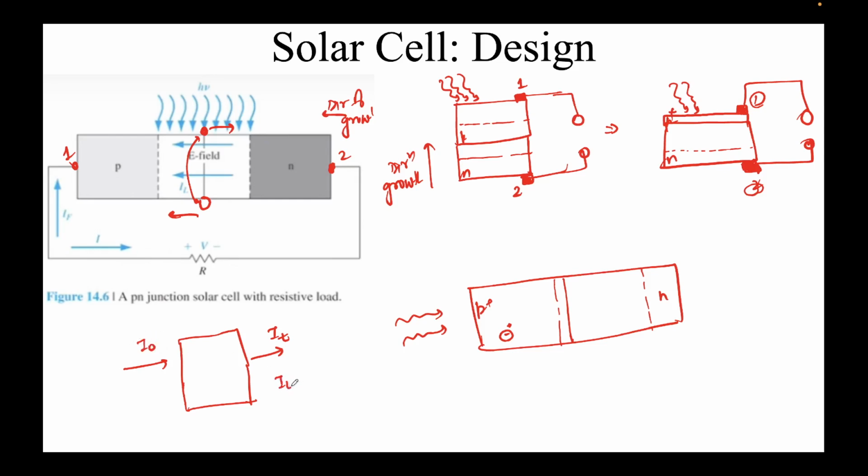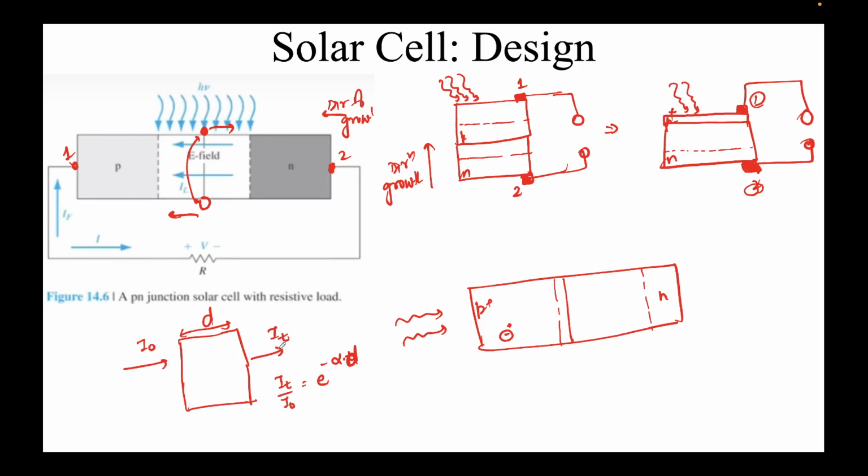Essentially I can write IT over I naught is e to the power minus alpha times D, where D is the thickness. Light of intensity I naught falls on the left side and passes through this material of thickness D, and the absorption coefficient of this material is alpha, corresponding to that given frequency.